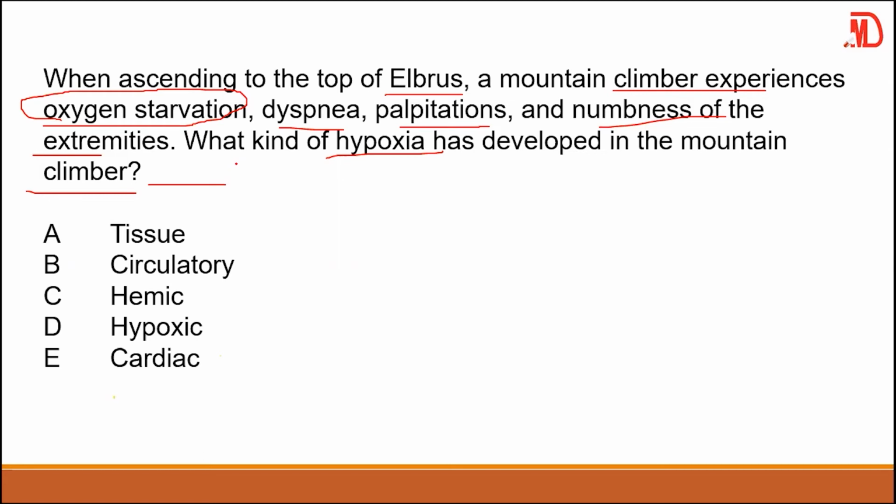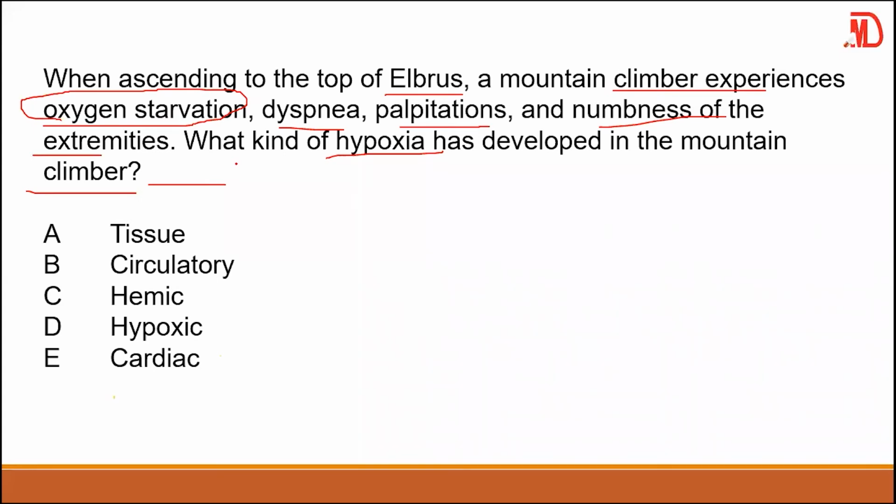And this can result from tissue poisoning. So when there's a tissue poisoning, it means that the tissue cannot utilize oxygen. That is called what? A tissue type of hypoxia. So any harmful substances, please think about them.